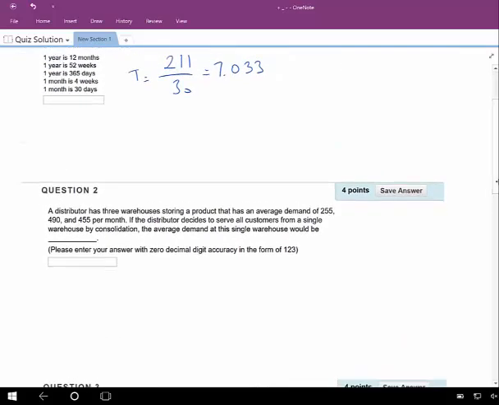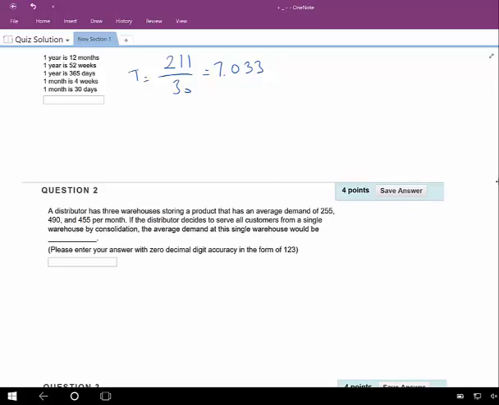The second question says a distributor has 3 warehouses storing a product that has an average demand of 255, 490 and 455 per month. If the distributor decides to serve all customers from a single warehouse by consolidation, the average demand at this single warehouse would be what?